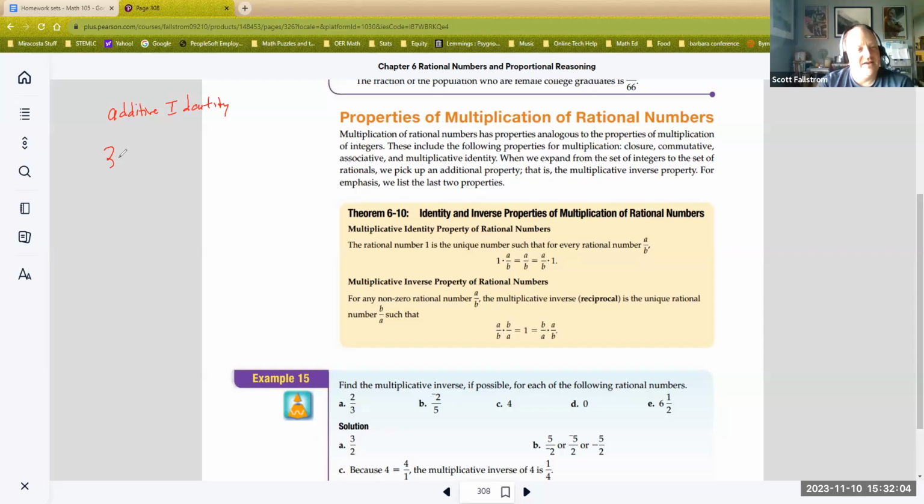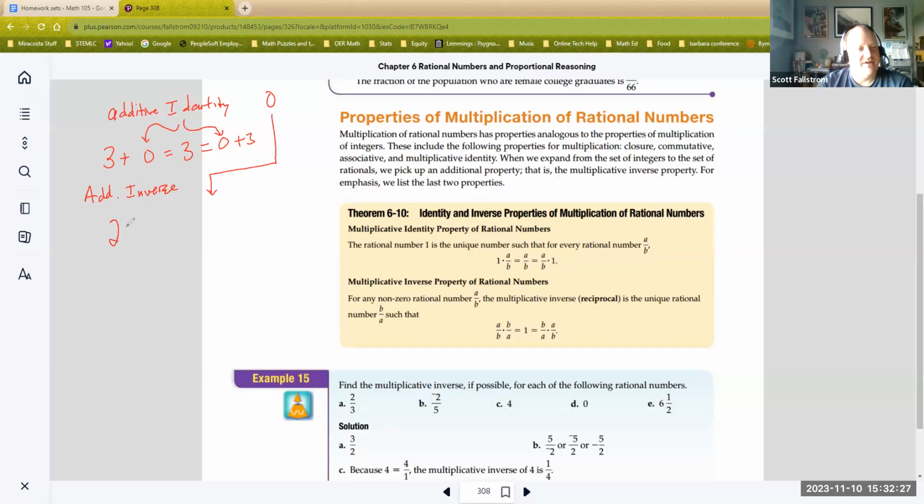The additive identity was the number that you add to keep the value the same. And so it had to work on both sides. And so the additive identity was 0. And then 0 came back up because we came up with an additive inverse.